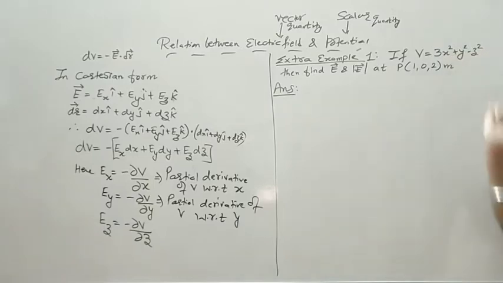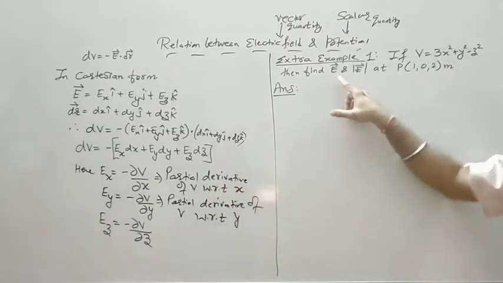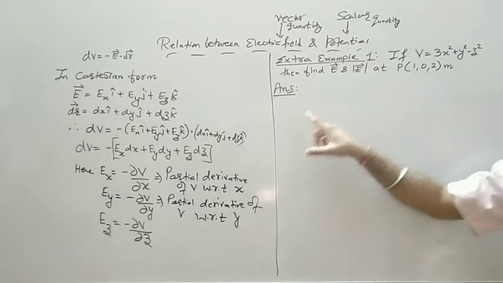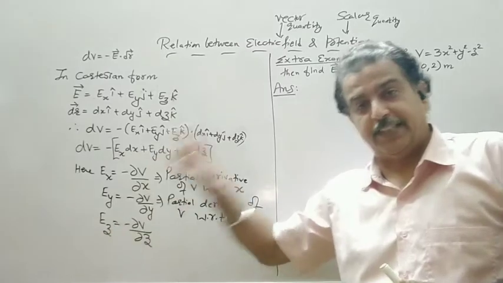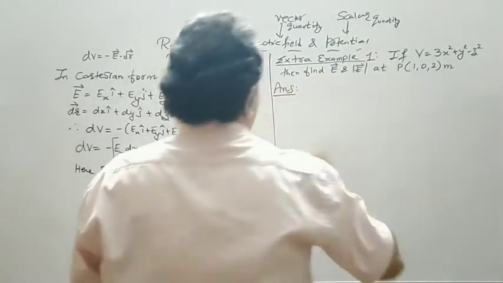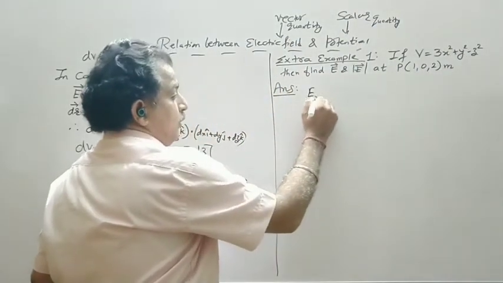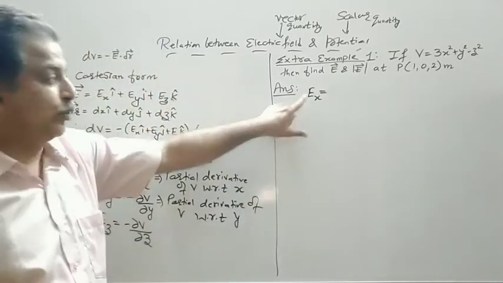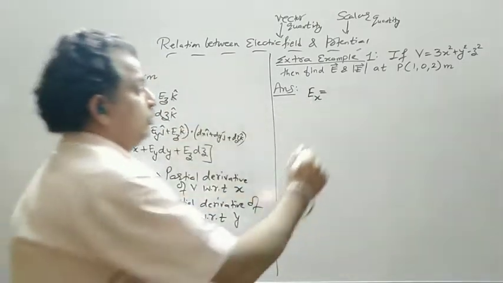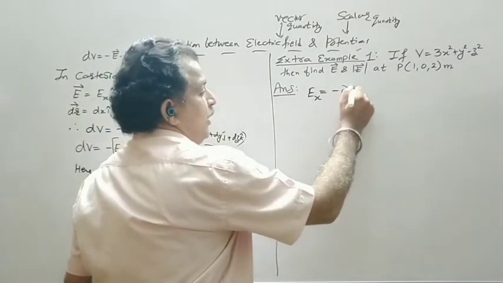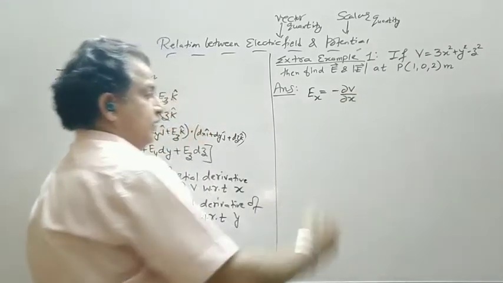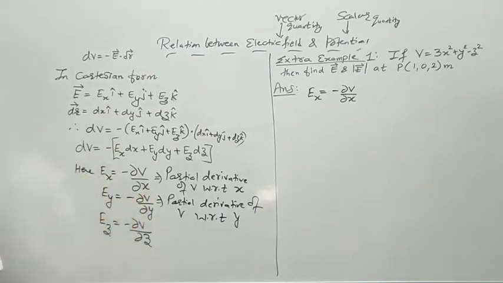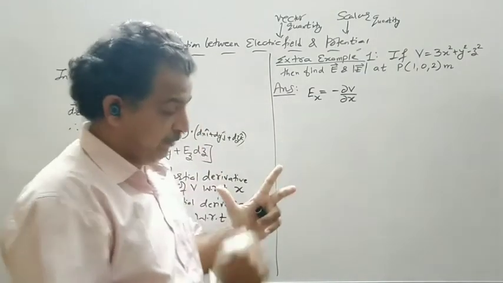Now V is given. Because I have to find out E vector, I will find out its X component, Y component and Z component. So Ex, it is X component of the field. So it should be written as partial derivative of V with respect to X. So it is a partial derivative. Now what does this partial derivative means?